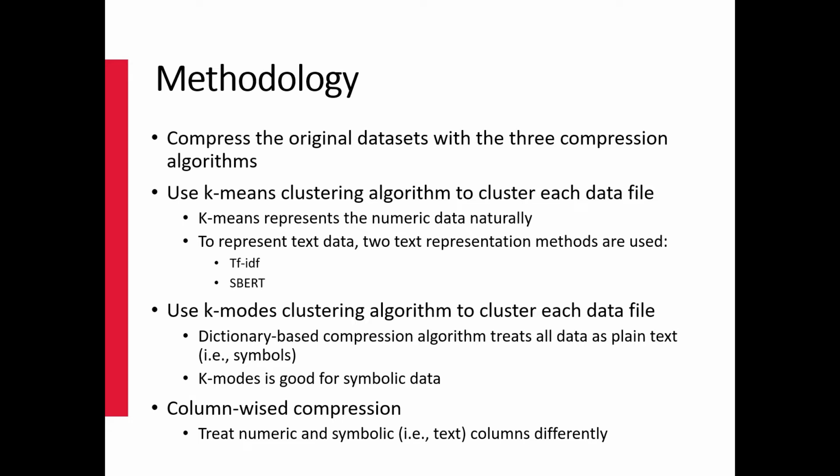Dictionary-based compression algorithms treat all data as plain text, like symbols, and k-means is good for symbolic data. Column-wise compression is used at the end, and we can treat the numerical and symbolic columns differently.